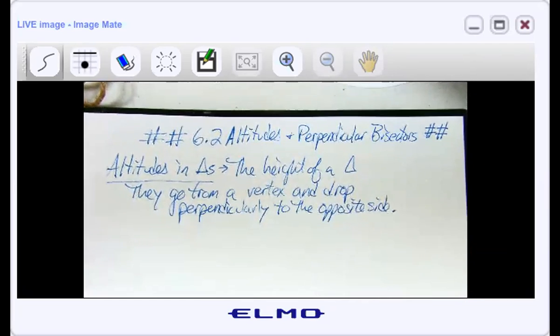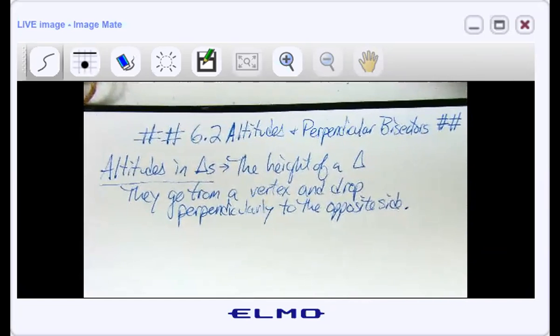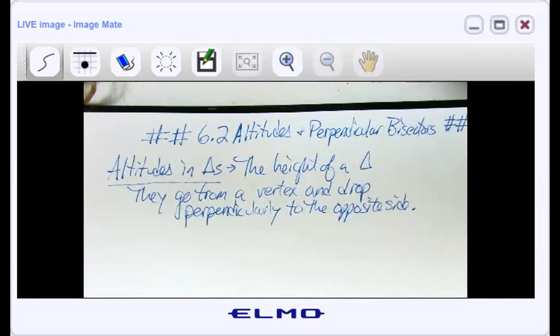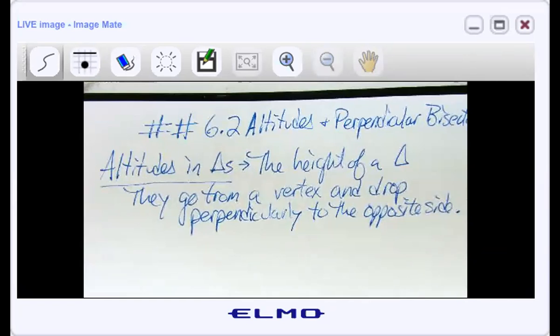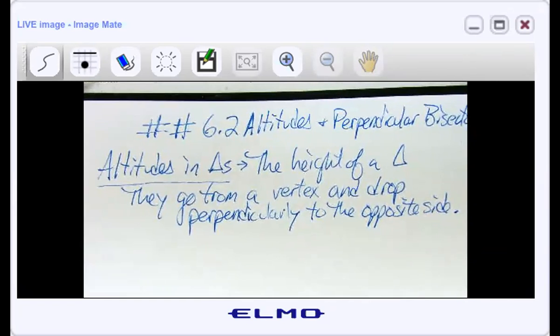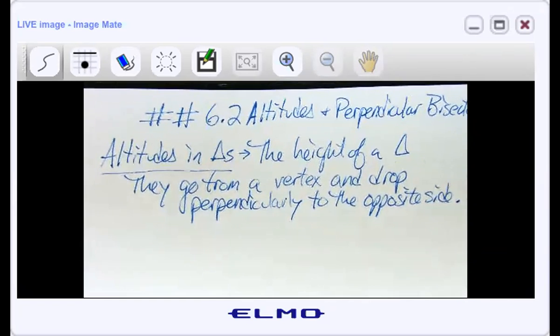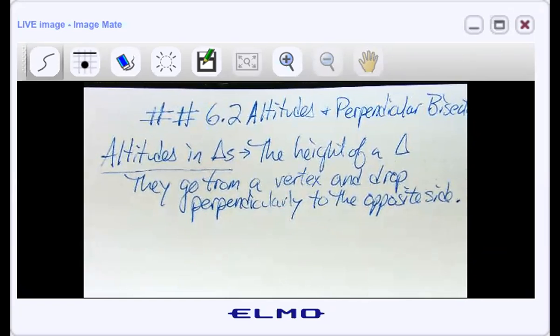Okay, so let me give you a minute to jot that down, and then we'll look at some pictures. Altitudes in triangles, the height of a triangle. They go from a vertex and drop perpendicularly to the opposite side.